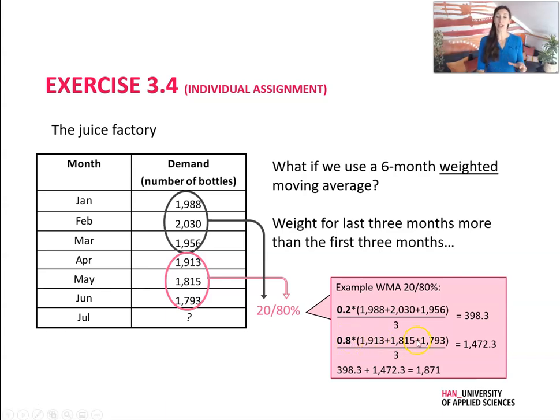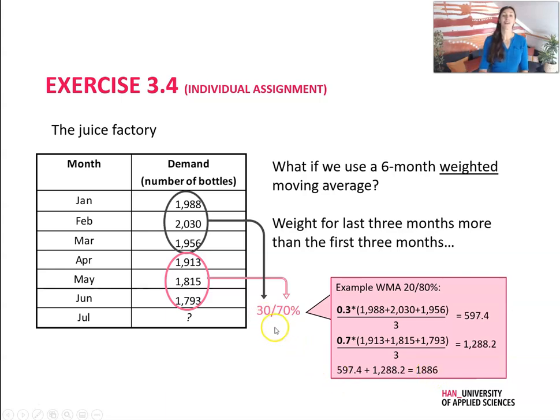So we're going to take a larger chunk of these numbers than we did for the previous months. And again, here we divide by 3 because we're selecting 3 months. And then we can add up these 2 numbers, and our forecast using a 6-month weighted moving average with a weight of 20 and 80% would be 1,871.